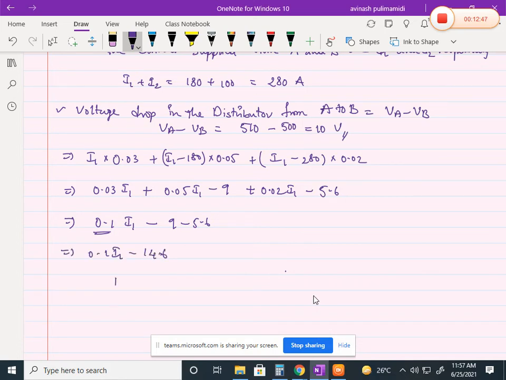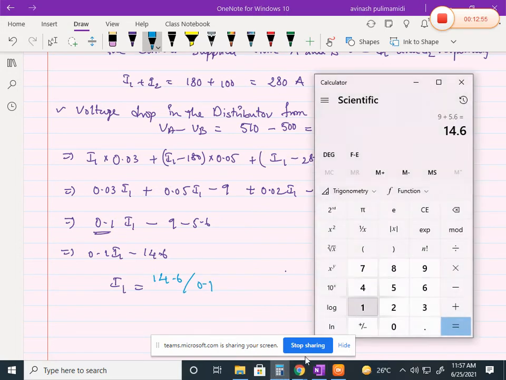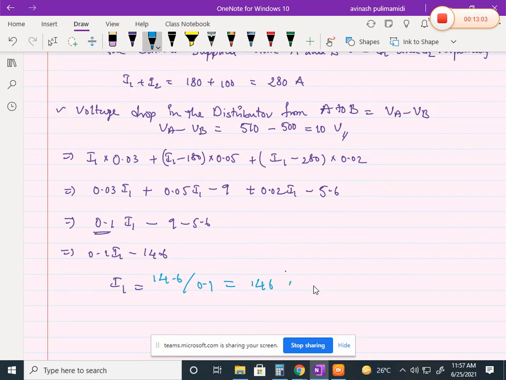Then what is the value of I1? I1 implies 14.6 divided by 0.1. How much? 146 amperes.